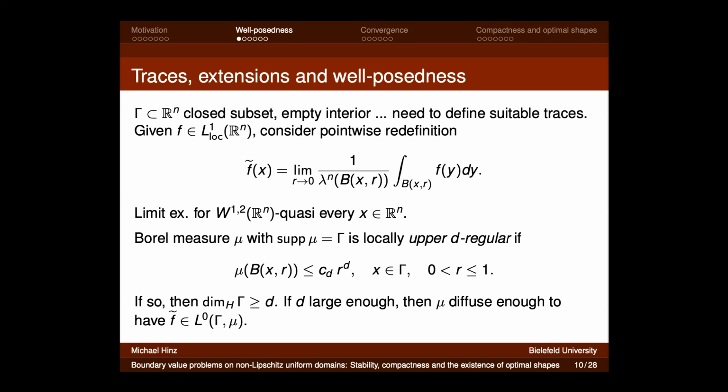And if we want to do some reasonable analysis on the boundary, we could hope to take a measure which is sufficiently diffuse, that it just doesn't charge the set of zero capacity. And this is what people do.